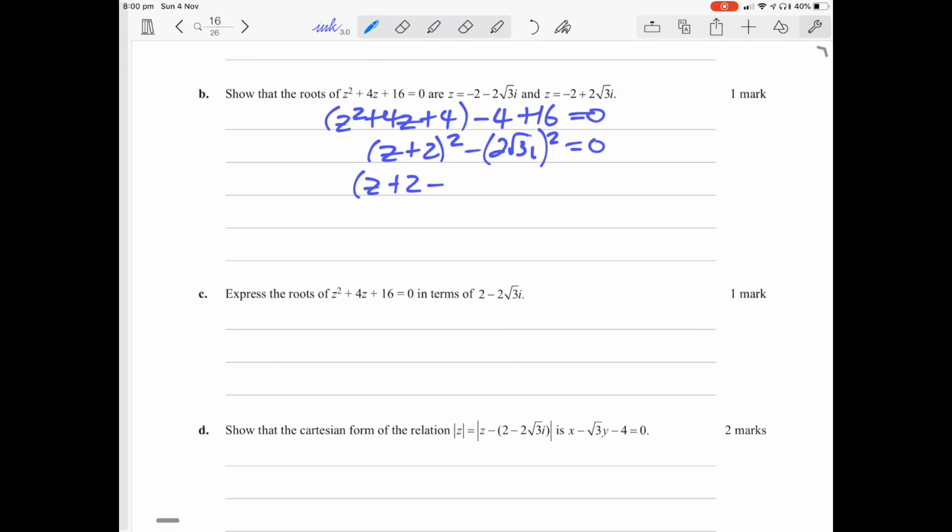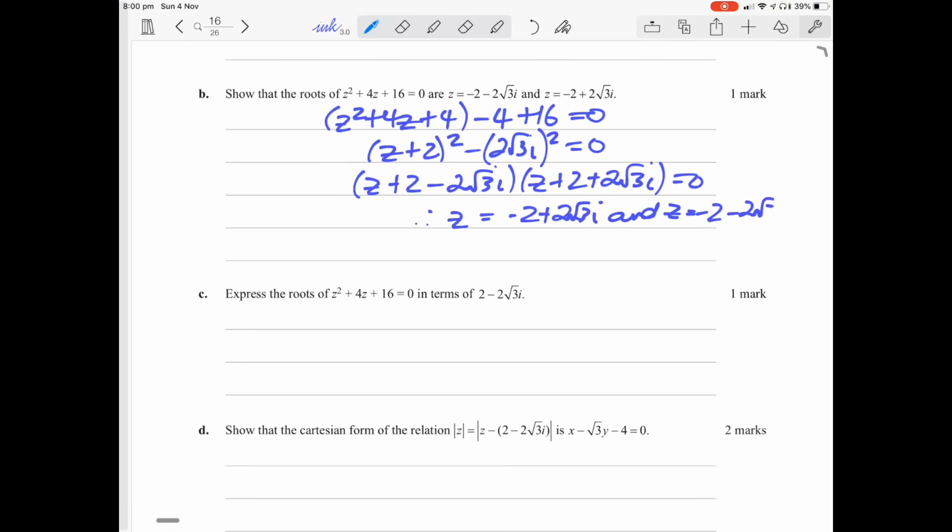Z plus 2 minus 2 root 3 I. Z plus 2 root 3 I. Therefore, Z equals negative 2 plus or minus plus 2 root 3 I, and Z equals negative 2 minus 2 root 3 I.